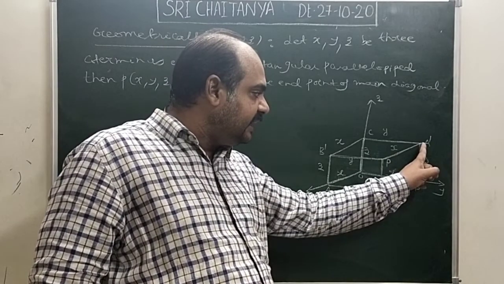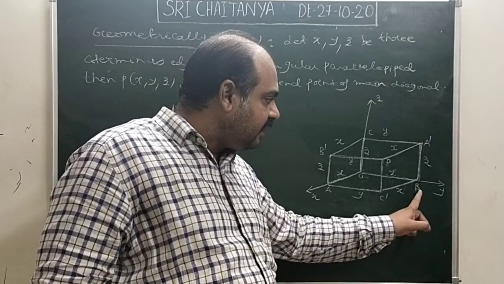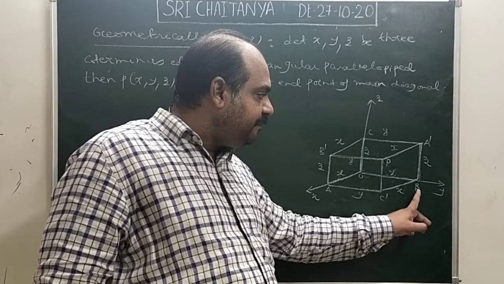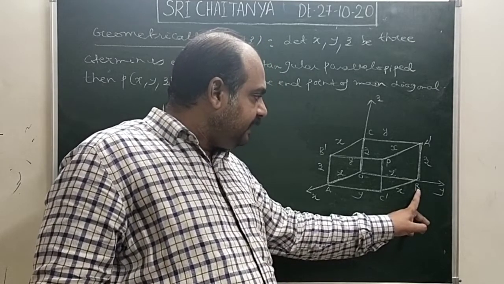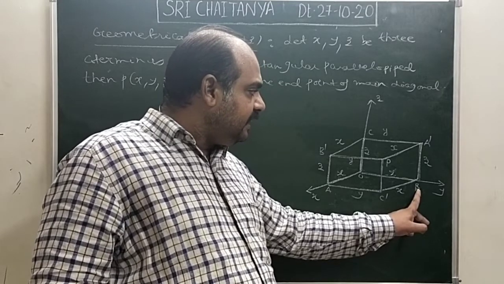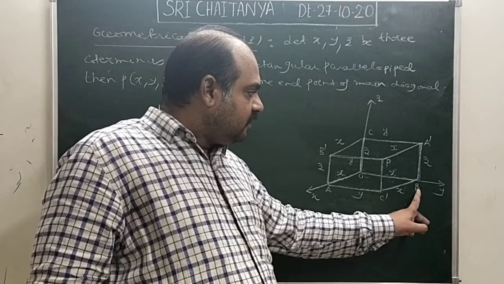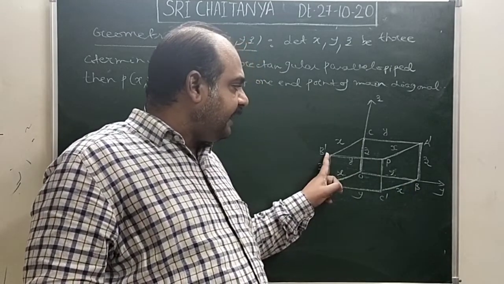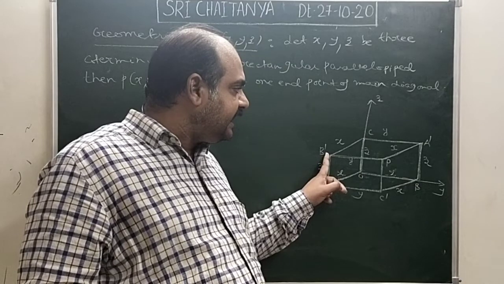This is one diagonal, and then in the ground floor, you take another one B. On y-axis, you have taken that B. So connect to the opposite highest point, that is BB dash, that is one diagonal.